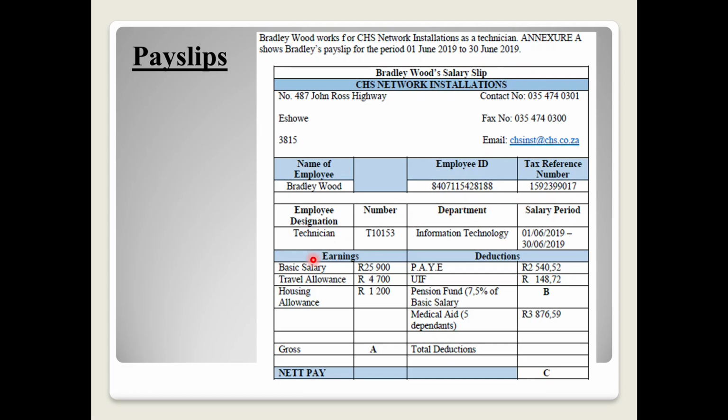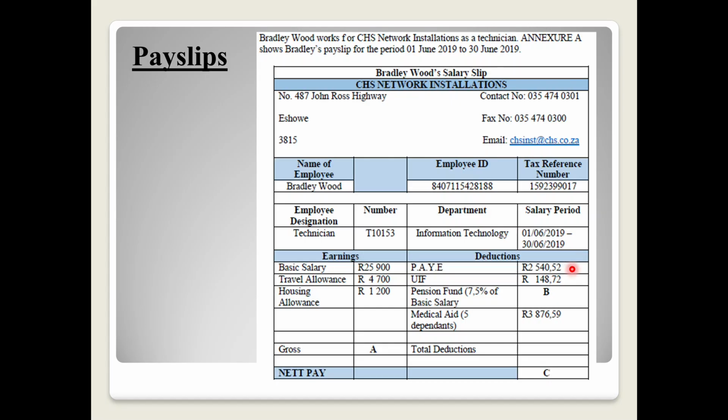When we go to the earnings side of the salary slip, we see that he earns a basic salary of R25,900, a travel allowance, and a housing allowance, and then there's a missing value there. Then we go to the right-hand side where we find his deductions.